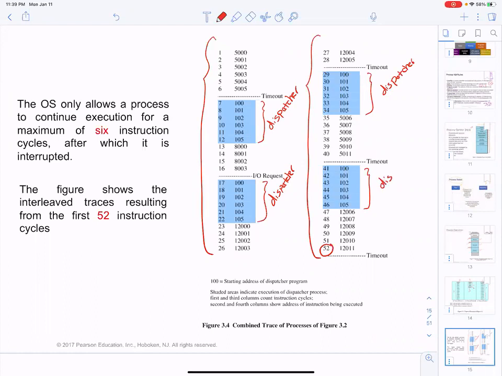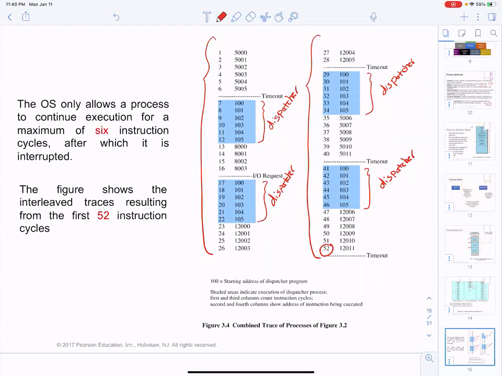It's stored once in the main memory, but we have to reference this address to call the dispatcher so we can switch between processes. The same set of instructions is executed by the dispatcher in each instance because it performs the same functionality.